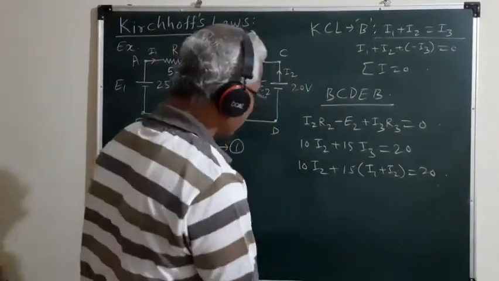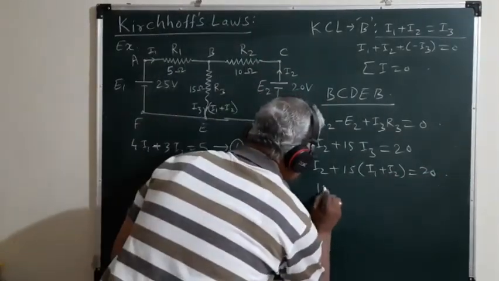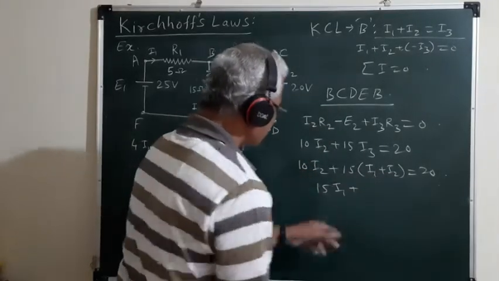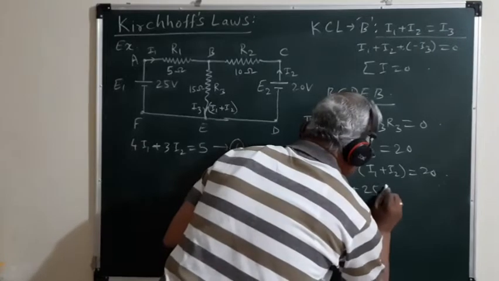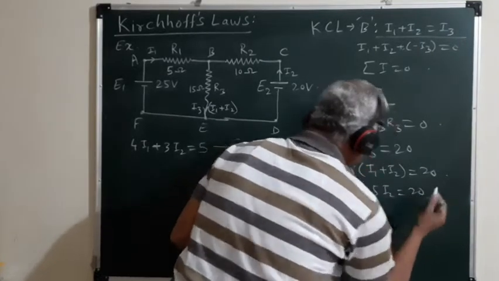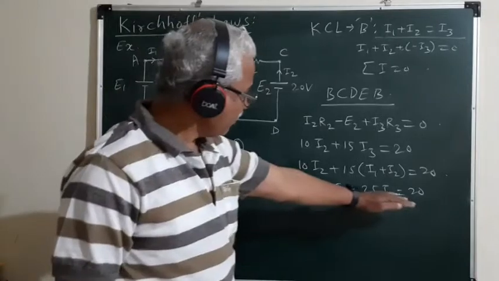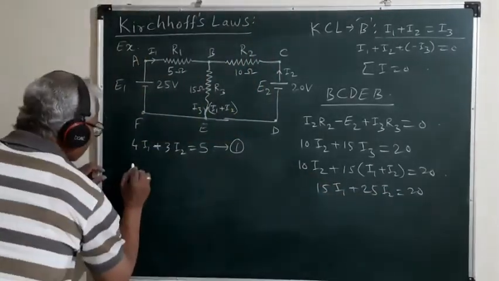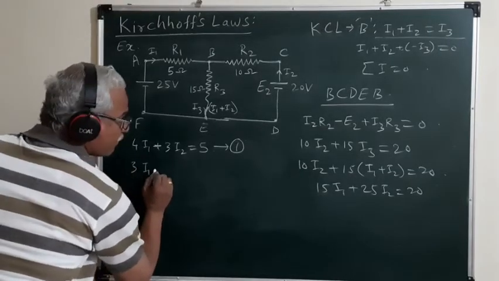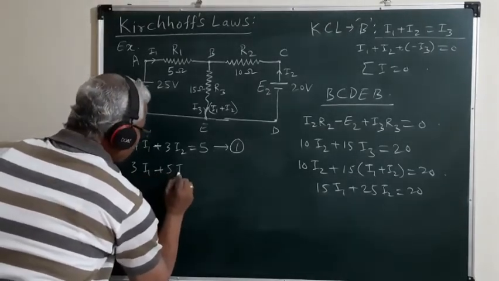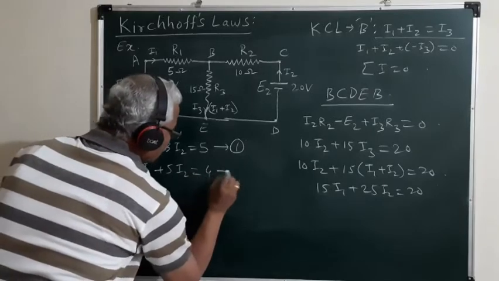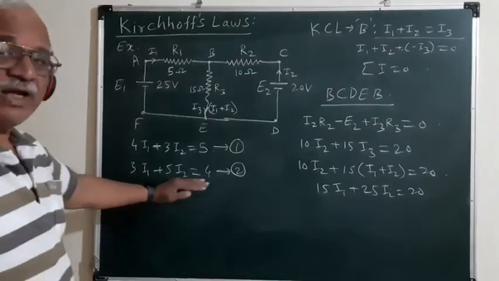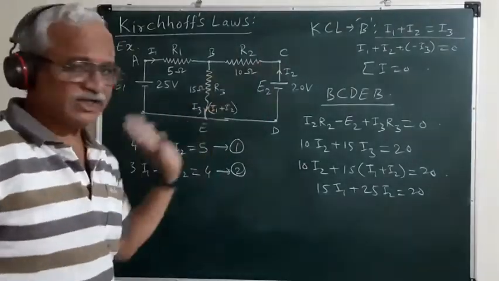If we open up this bracket, we can express it as 15 I1 plus 15 I2 plus 10 I2 is 25 I2 is equal to 20. So again, dividing by 5 on both sides of this relation, we get 3 I1 plus 5 I2 is equal to 4. So this is equation 2. This is the simplified voltage equation for the second loop.